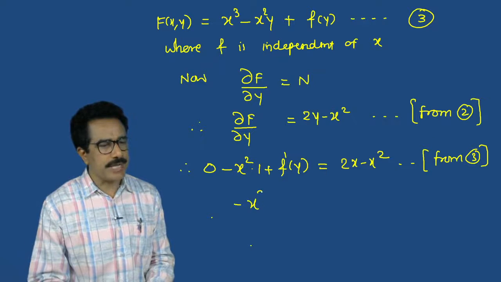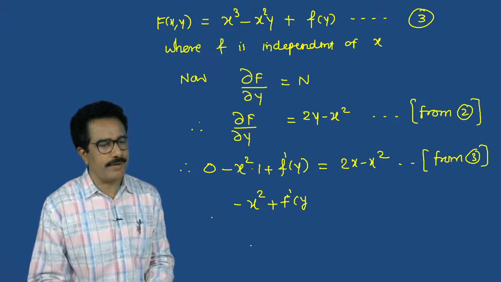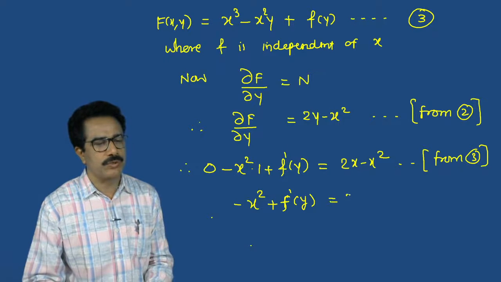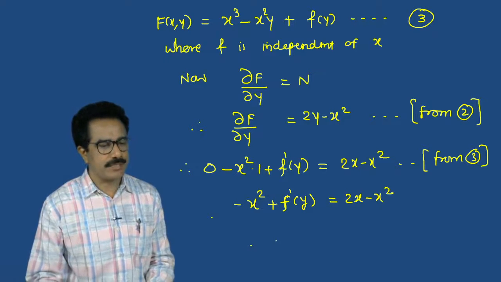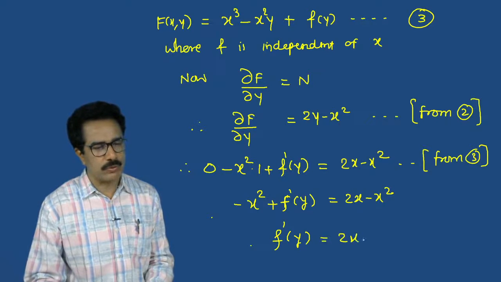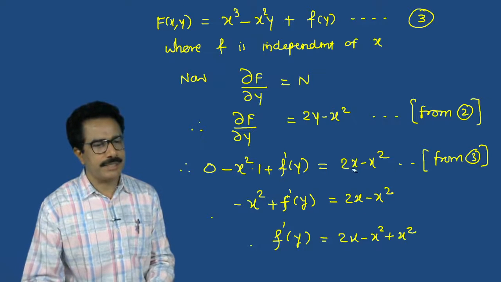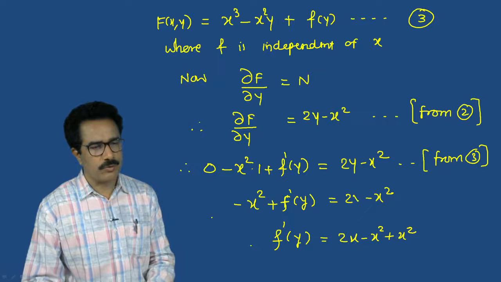So minus x square plus small f dash of y equals 2y minus x square. So small f dash of y equals 2y minus x square plus x square, which again gives 2y.